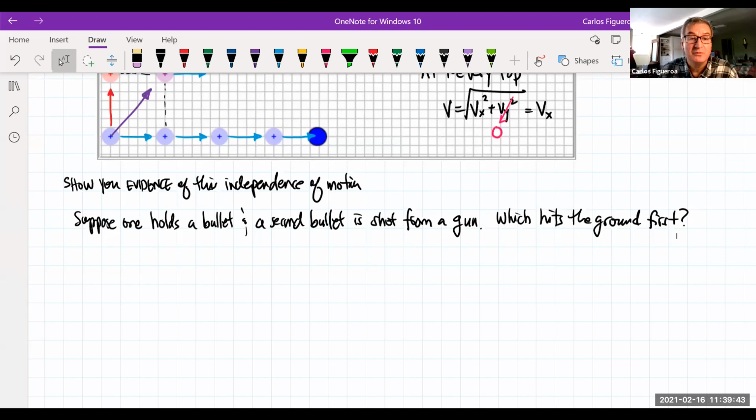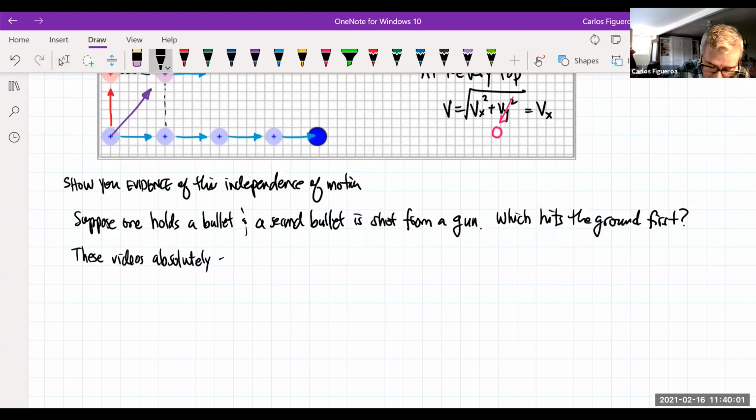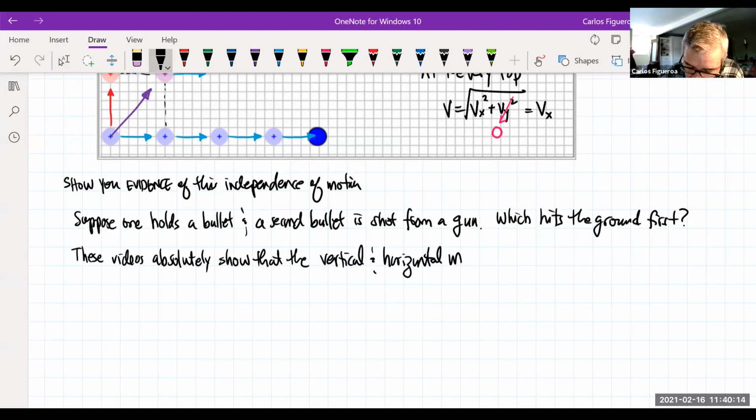Assuming that you understood what I was talking about, what's amazing about this is that these videos absolutely show that the vertical and horizontal motions are independent of each other.